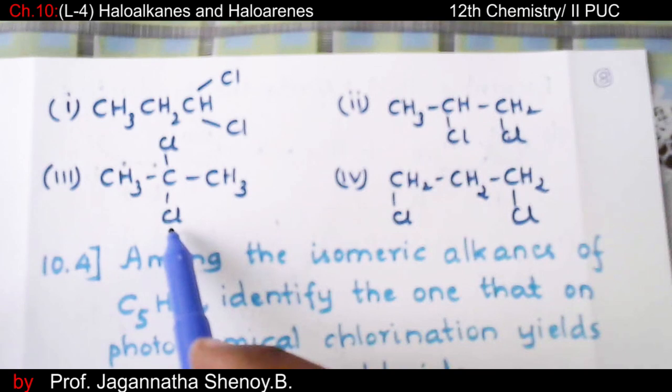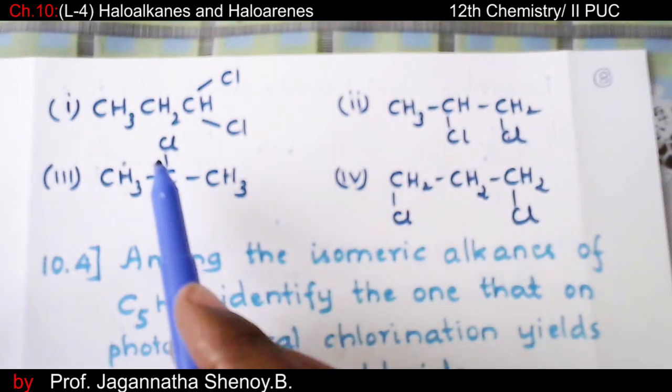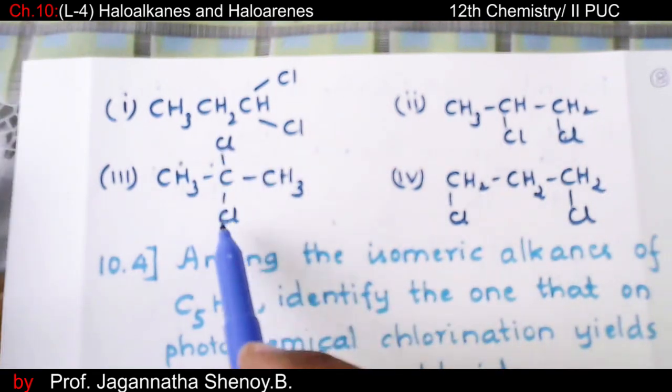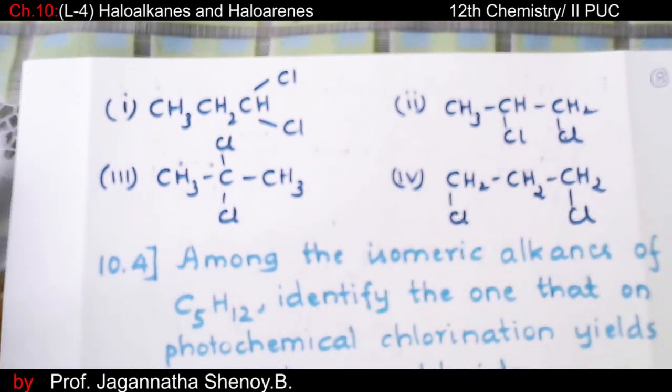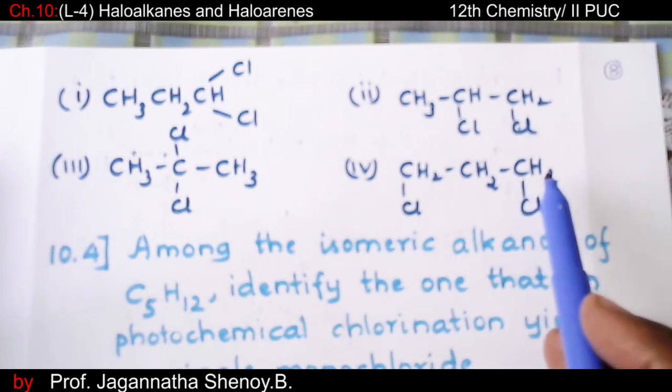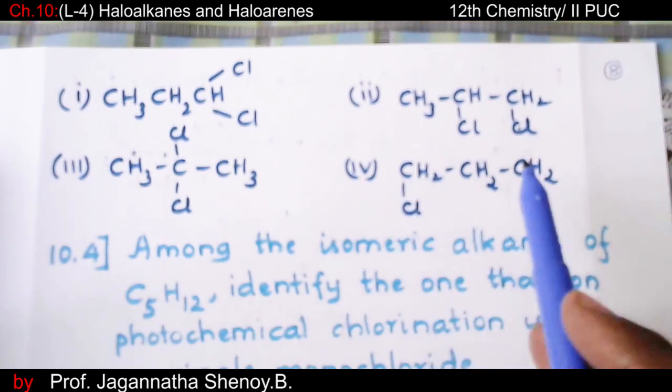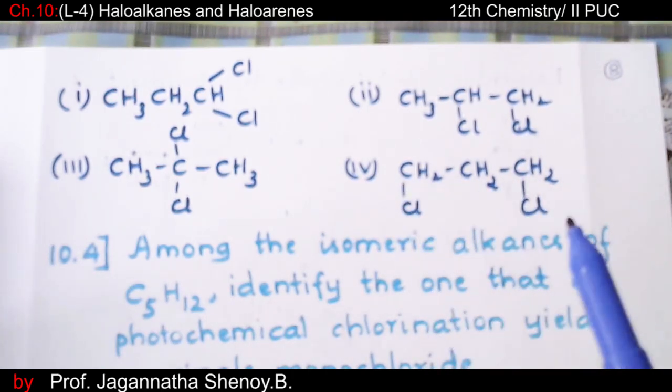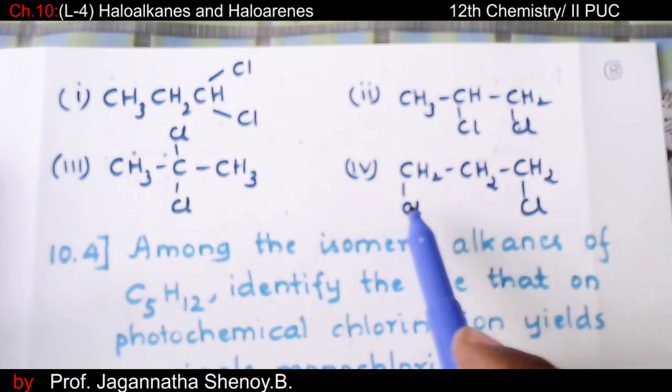The name of the product is 2,2-dichloropropane, and in the last case I have replaced one hydrogen atom each from the terminal carbon atoms. So I have got 1,3-dichloropropane.